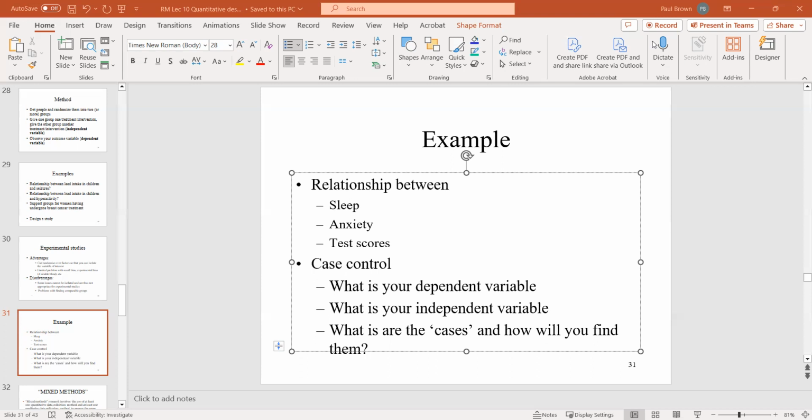Say it again. 3.0, a GPA of 3.0. Do you want to do it on GPA or on test scores? Oh, yeah. Okay. Why? Because she said that first thing is a very good indicator.